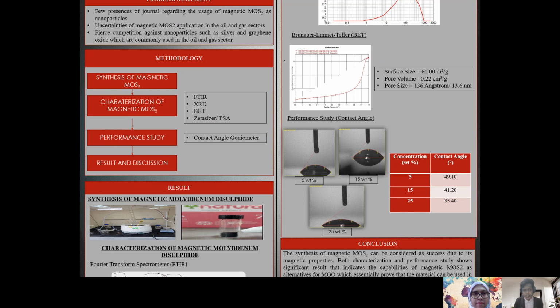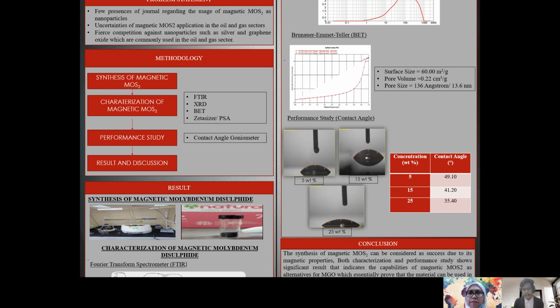Therefore, if we need to use wettability alteration in drilling applications, we can manipulate the concentration to ensure that the productivity of fluid in the oil reservoir can be achieved.